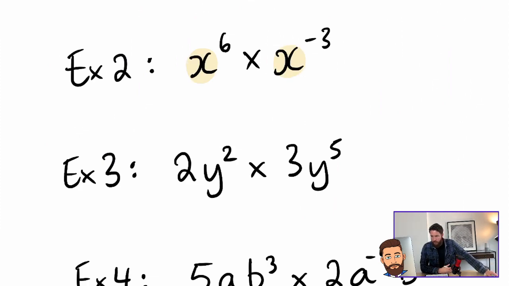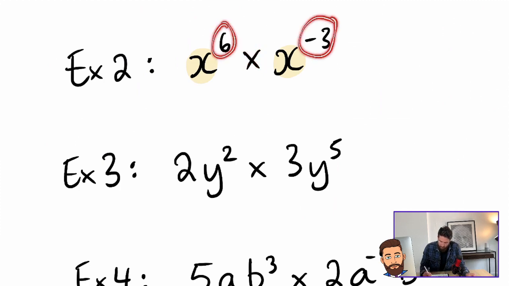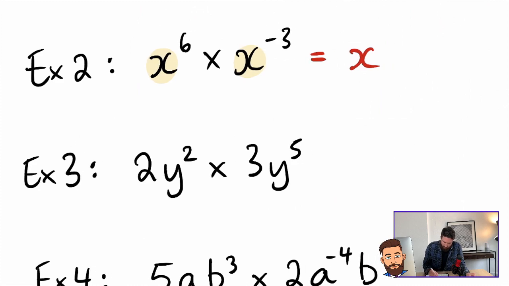Remember, if they share the same base, you can use this law. It is times, so the rule when we times, remember, is you add the powers. But they've put a minus in here, so you have to be a little bit careful. So remember, the base will stay the same. It will stay as x, and we have to add the power. And this is why the starter question had a minus and a plus question in it.